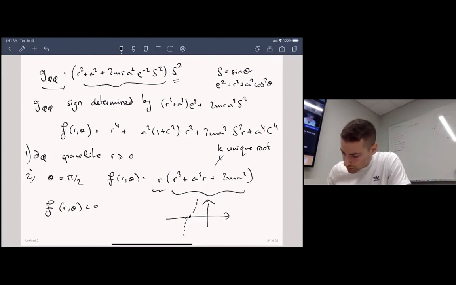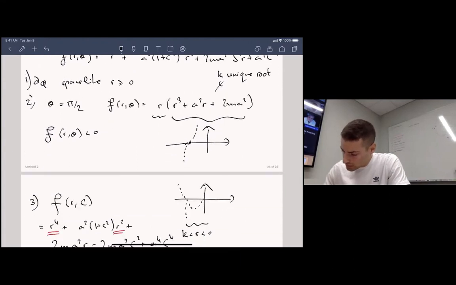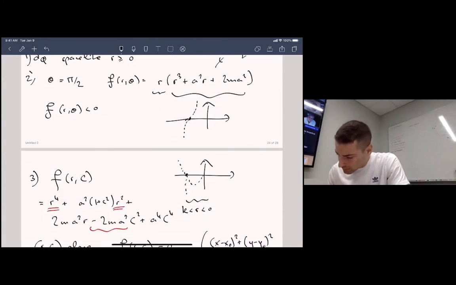you get this for f of r theta, and when r is very negative, then the quartic term in this will dominate. It will be positive. So you know that for very negative values of r, you're in the positive part, and so g5 phi will be positive. And so it's just about finding where the unique root of this is.